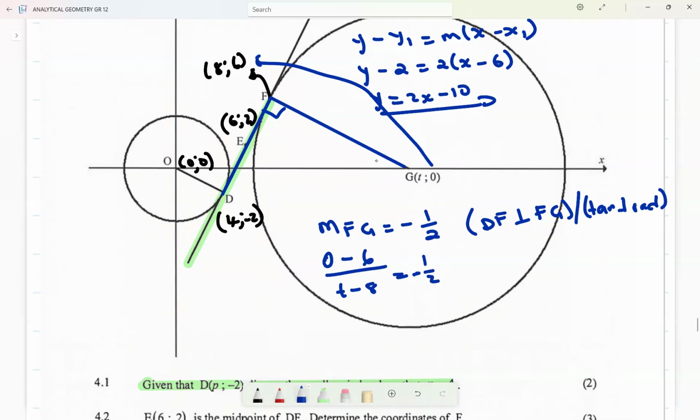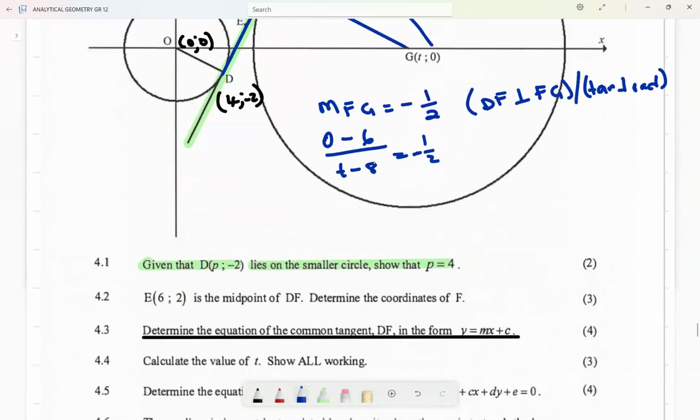When I cross multiply, I say, okay, t minus 8 multiplied by 1, and then the negative 6 multiplied with a negative 2. Negative 6 multiplied by negative 2 is going to be 12. And then t is equal to 4.